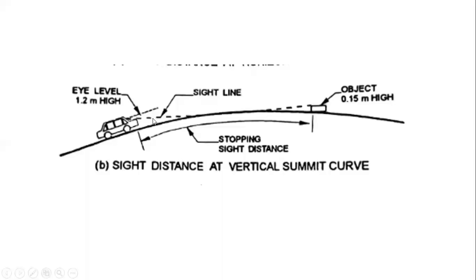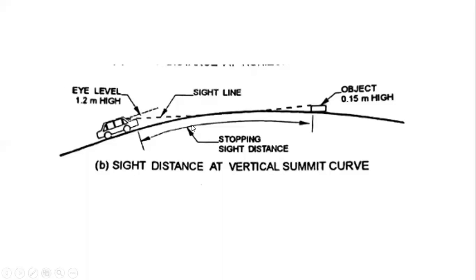Okay, and now what happens when you're driving? If any of you have driven through a summit curve, you could have come across this problem, right? When you're almost reaching the topmost point of the summit curve, when you're about to reach it, you'll not be able to see the vehicle coming from the other side, right?